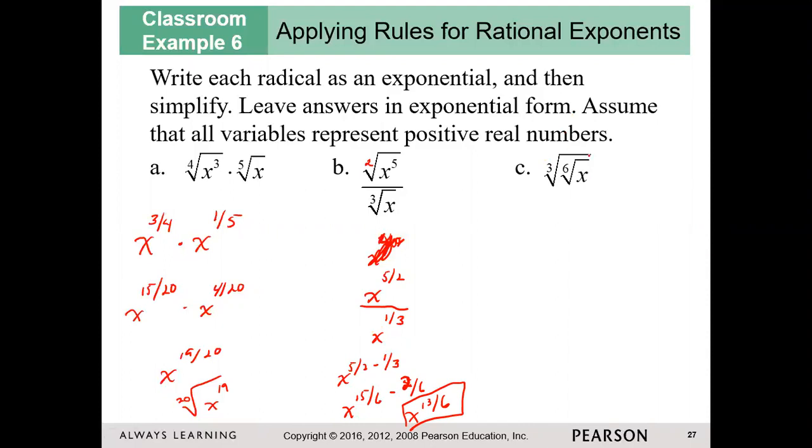And, you know, this one looks like it's challenging, looks like it's going to be really tough, but it really isn't that bad. Remember, this is raised to the 1/3 power. So if you start to rewrite this, this is the 1/3 power. And then you have this 6th root of x, which is the 1/6 power.